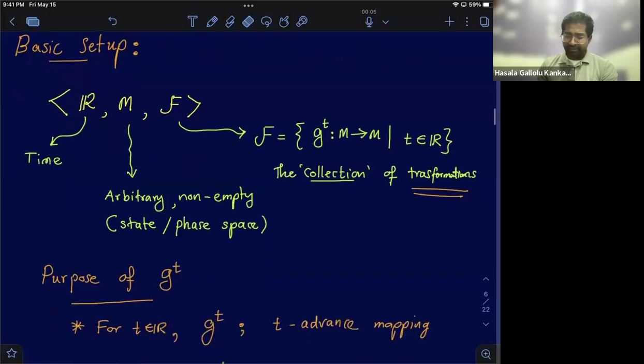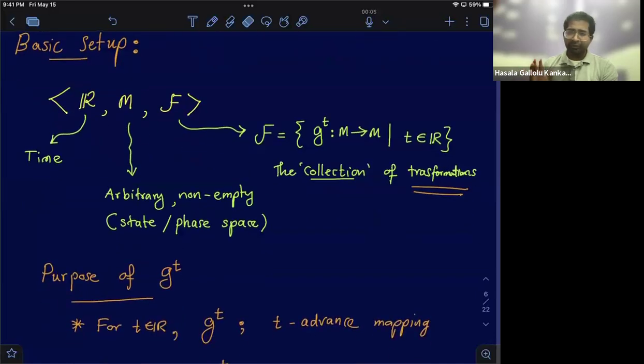So the basic setup requires, now what are we trying to do? We are trying to prepare some kind of a mathematical framework to describe dynamics, right? For that, first of all, we need to have a time variable.